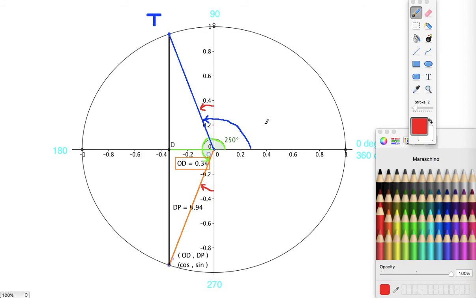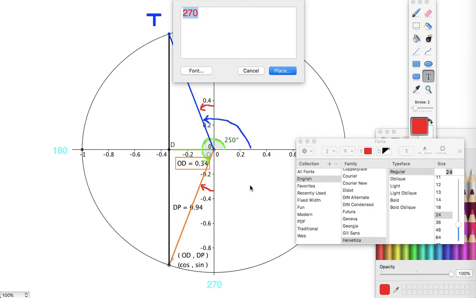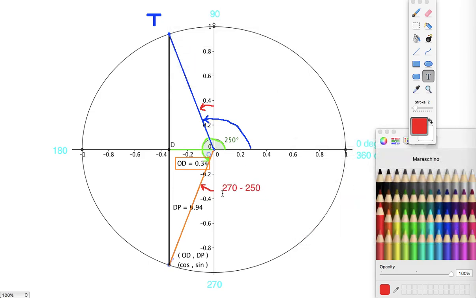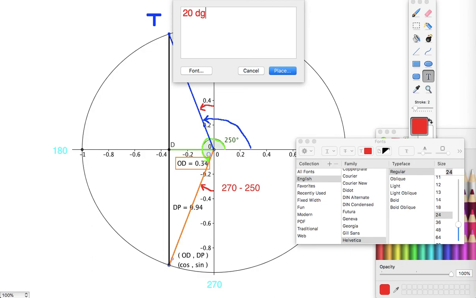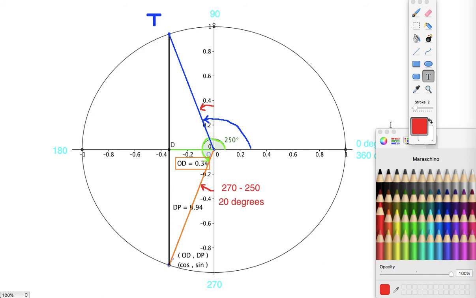All right, so this point P is at 250 degrees. Over here is 270. So the distance between these two is 20 degrees, or that distance is 270 minus 250, basically 20 degrees from here to here.